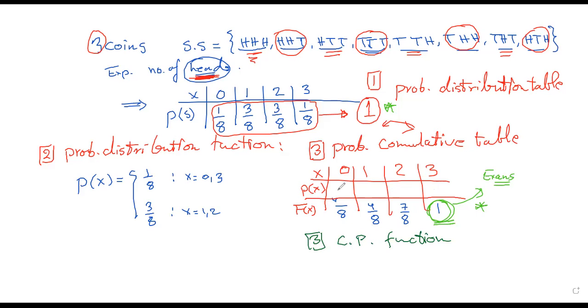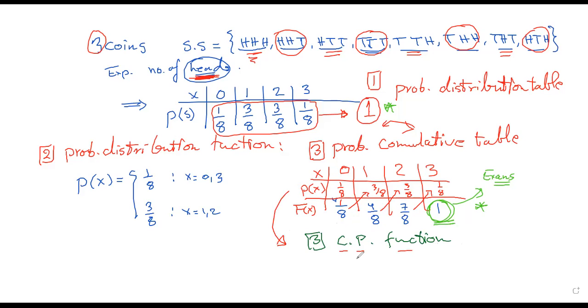Of course, the first one is the same as the first cumulative, that's 1 over 8. Then what we used to do, we say 1 over 8 plus what gives 4 over 8? That's 3 over 8. 4 over 8 plus what equals 7 over 8? That's 3 over 8. And that's 1 over 8. This is the way to find the probabilities. Now the cumulative probability function, we cannot convert from this table to that.